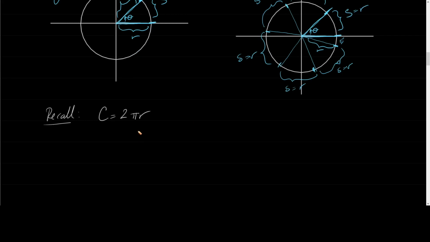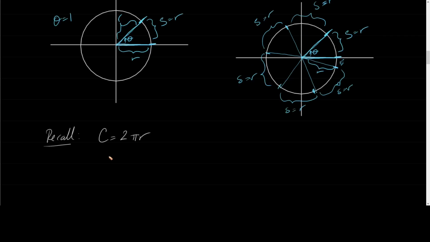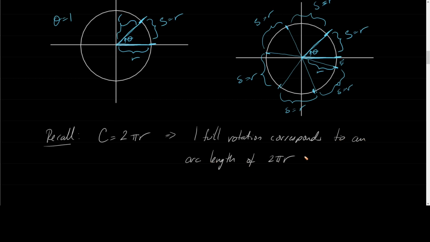So what we're going to say here, well, if the circumference is equal to 2 pi r, then that implies that one full rotation corresponds to an arc length of 2 pi r, right?